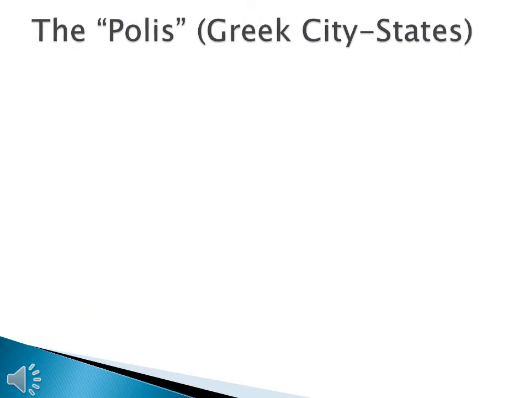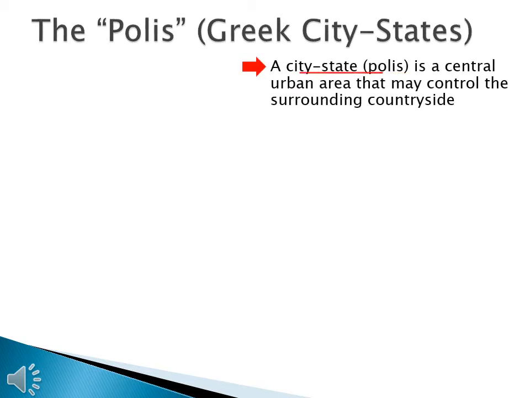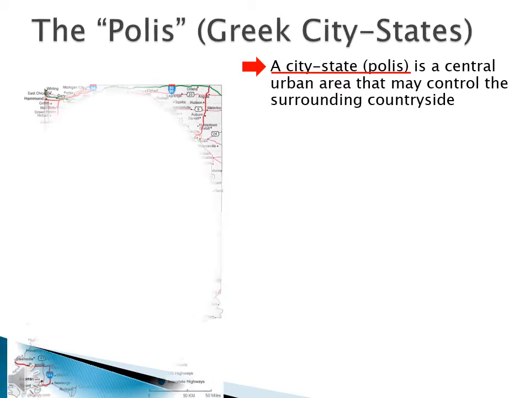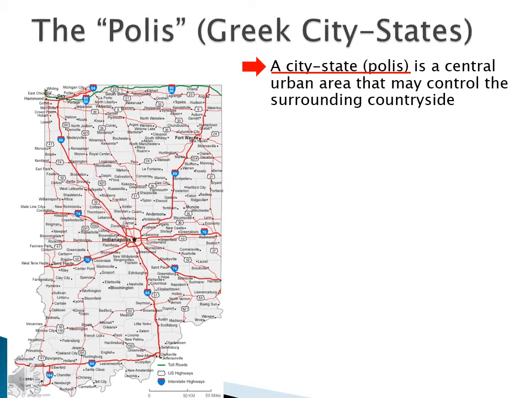Now we've talked about city-states in Mesopotamia, but we haven't really talked about Greek city-states or the polis. A city-state or polis is a central urban area that may control the surrounding countryside. And for an example of this, we're going to go to the United States and look at the great state of Indiana. Go Hoosiers!